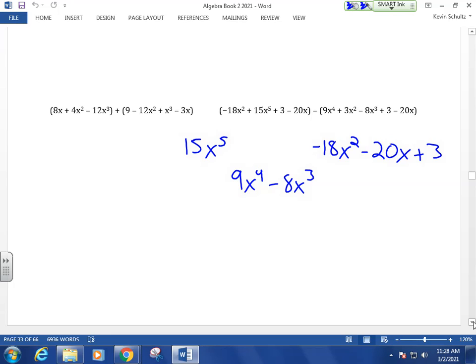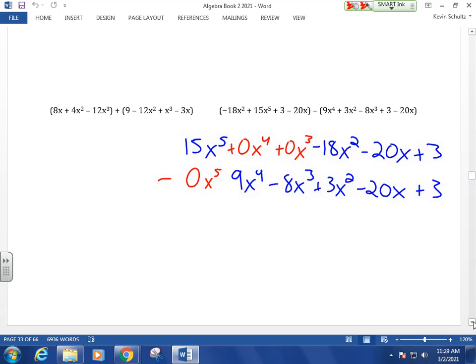Then I've got a positive 3x squared, a negative 20x, and a positive 3. Again, I recommend filling in these empty spots with an x to the 4th and an x cubed, and down here with a 0x to the 5th, just to fill in those place value holders.